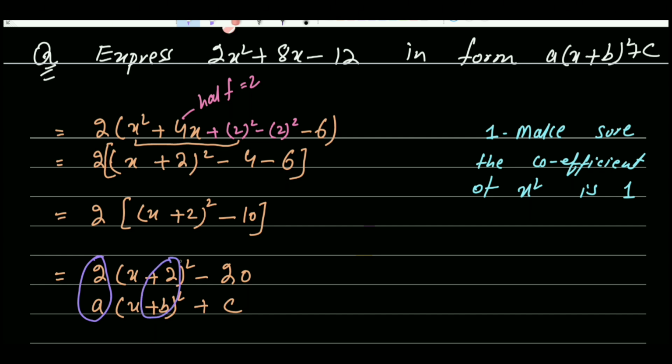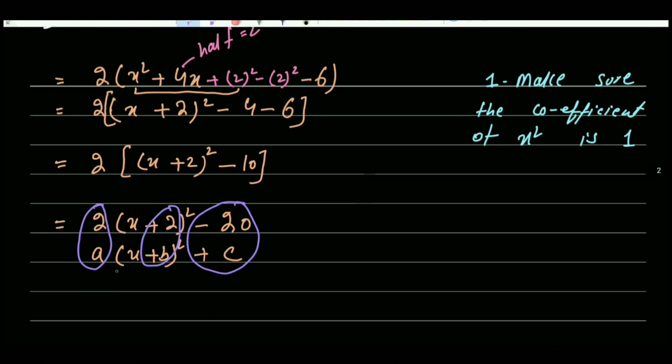We will take the values with sign. The value of c is minus 20. So if we are asked to find the values of a, b and c, we will write a is 2, b is 2 and c is equal to minus 20. So this will be our answer.